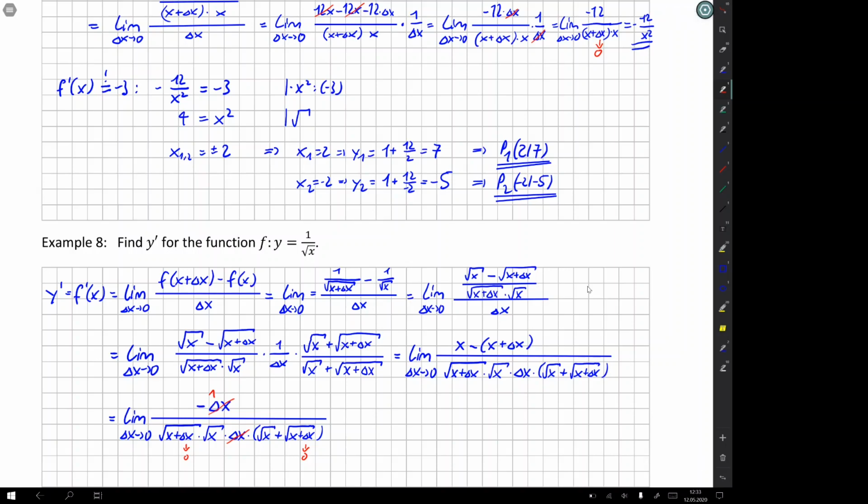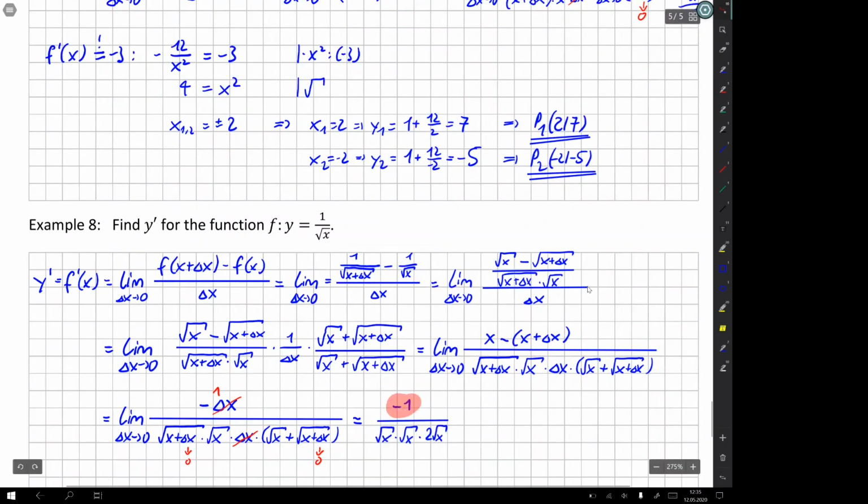So we see we get minus 1 times the square root of x here times the square root of x here, and this is square root of x plus square root of x, so times 2 square root of x. So the final result that we get is minus 1 divided by 2x square root of x.